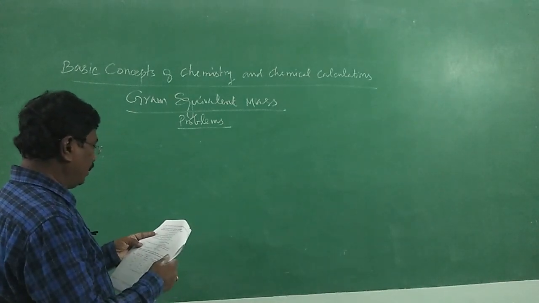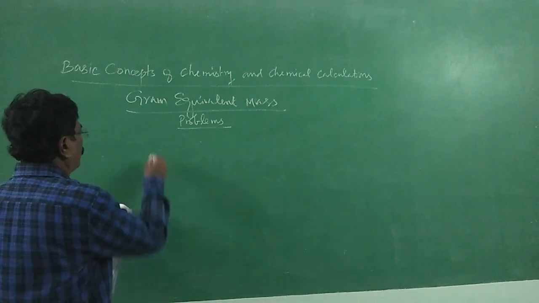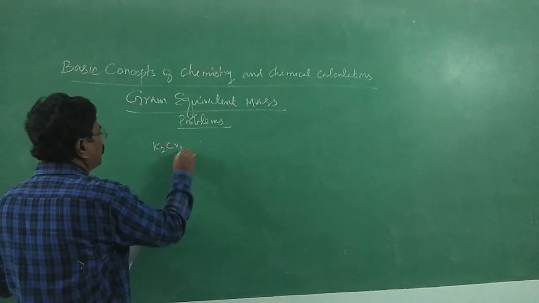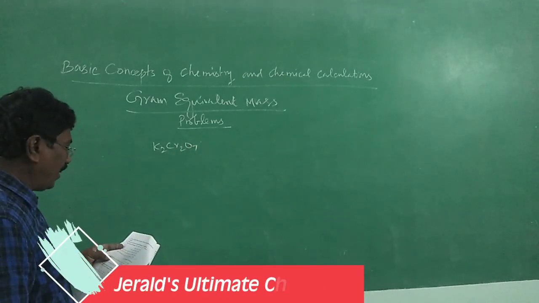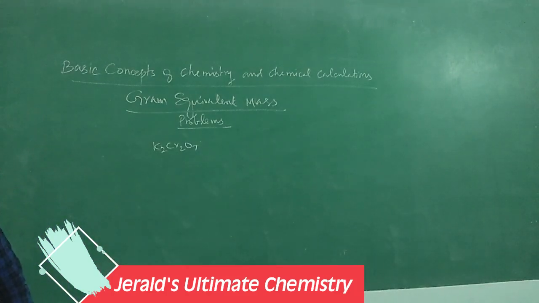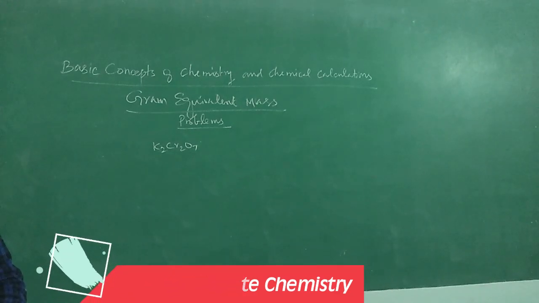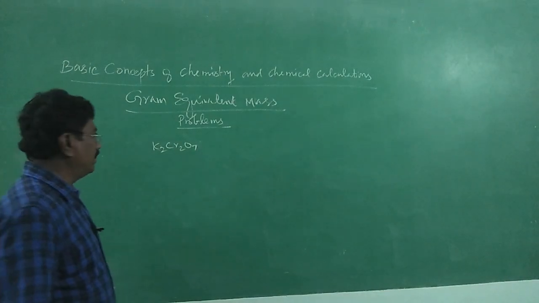So what is the next question? Calculate the equivalent mass of potassium dichromate. Equal mass of potassium dichromate is asked. The reduction reaction in acid medium, that we have given already. The half reaction, that we have already solved, is it not?